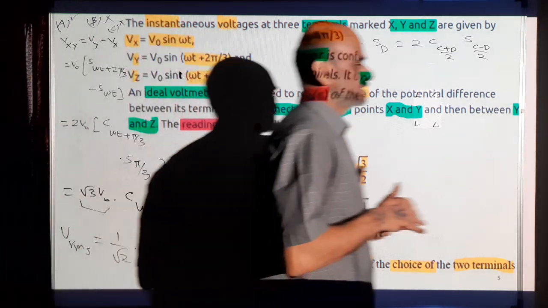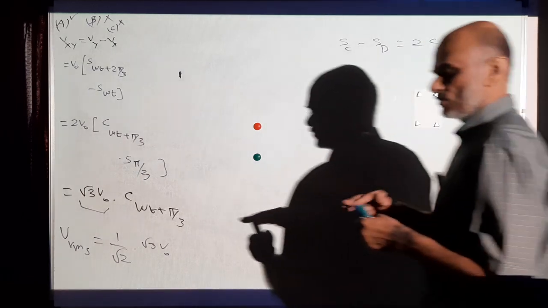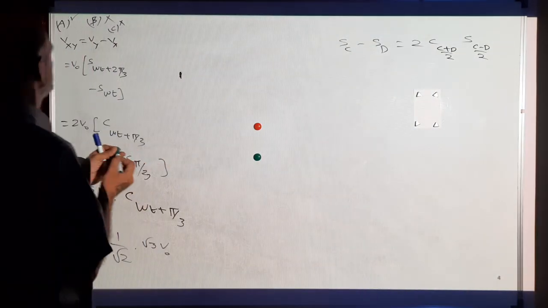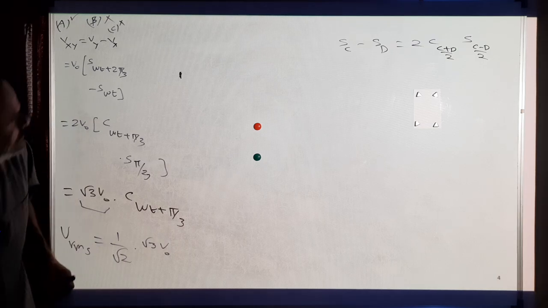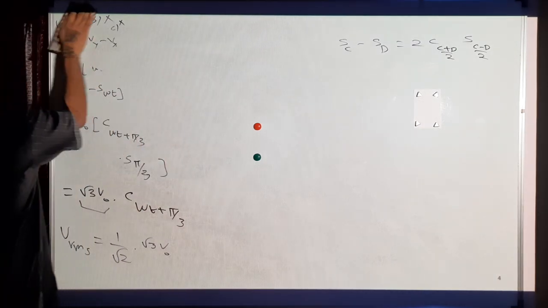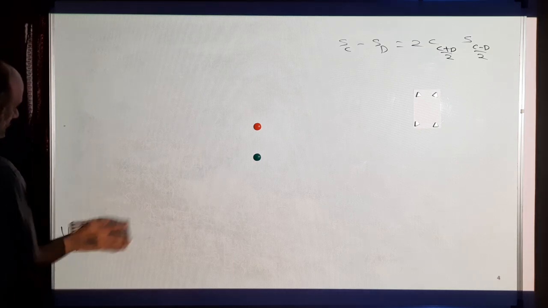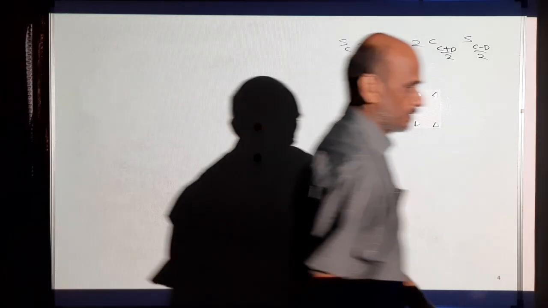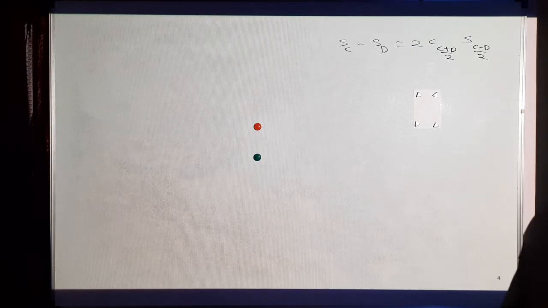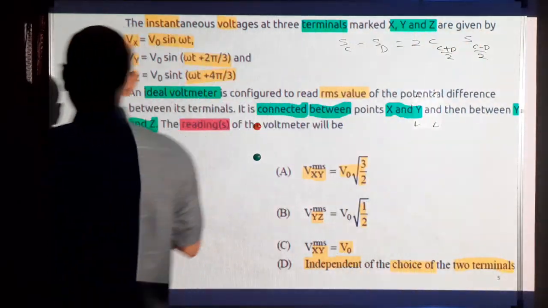This can also be understood in terms of phasor diagram. Vx, which is V naught sine omega t.